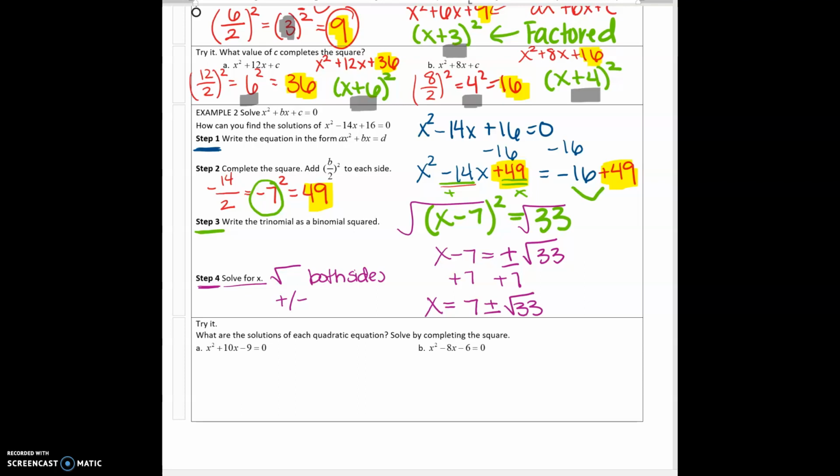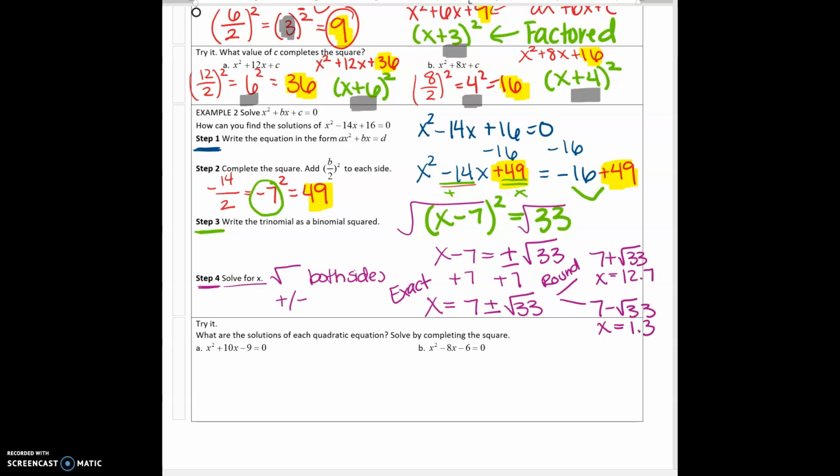If it says exact value, this is good enough. That's done. If it makes you round, you're going to put in your calculator 7 plus square root of 33 and 7 minus the square root of 33. Okay, so 7 plus would give us x equals 12.7, and minus would give us x equals 1.3.